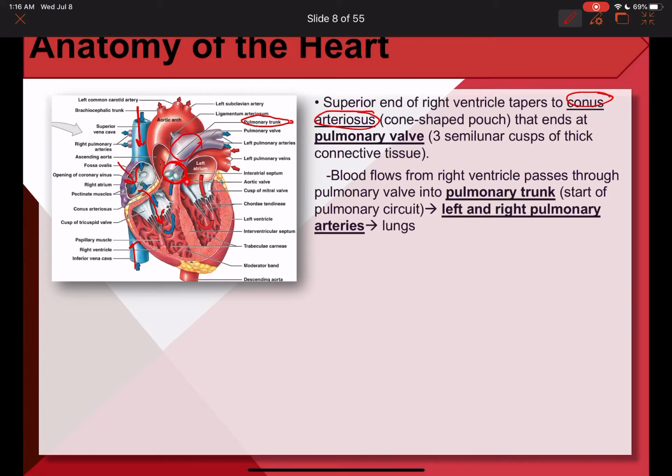So the specific one that opens toward the pulmonary trunk is the pulmonary valve, and it's called pulmonary because it will lead blood into the lungs. Now, both of these semilunar valves are made up of 3 cups, okay? That's why it says 3 semilunar cups, and they do not need chordae tendineae because the great vessels here won't contract with a lot of pressure, okay?